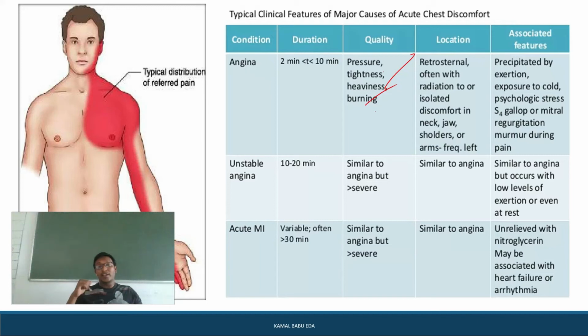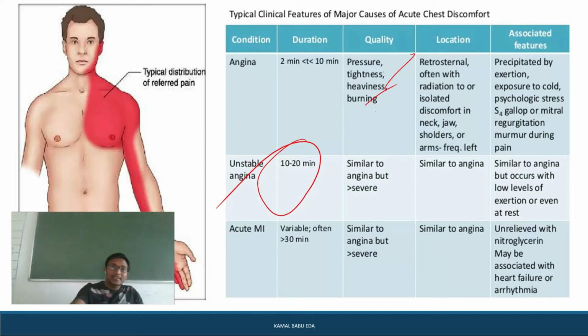Angina is seen more often when the person is exhausted, exposed to extreme cold, or under psychological stress. If the person has an S4 gallop or mitral regurgitation, you can observe the murmur also during this pain. In unstable angina, this lasts for more than 10 to 20 minutes.